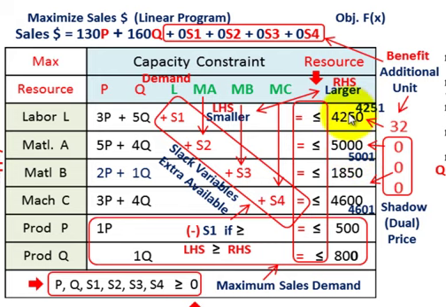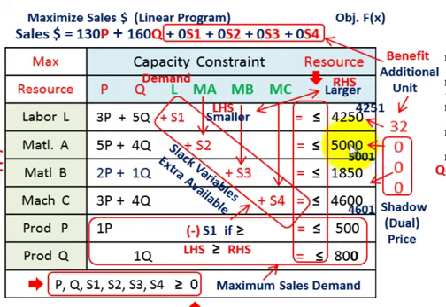And in this case, by increasing it to 4,251 units, we would have increased our objective function, or we increased our sales, by $32. So that's the benefit of an additional unit, in this case of labor, that we've got 1 more hour of labor, we would have returned and increased our sales by $32. So that's what we're talking about, a shadow price or a dual price.